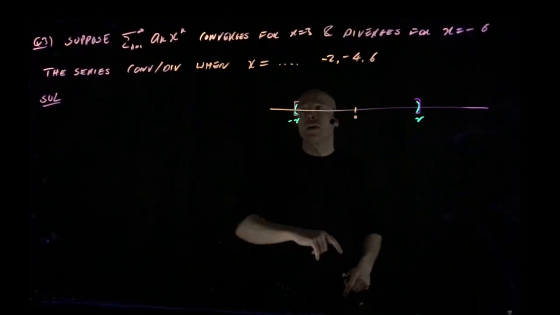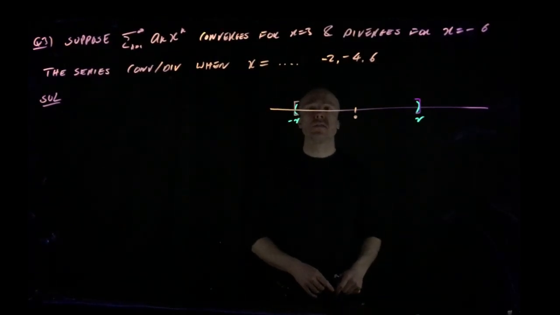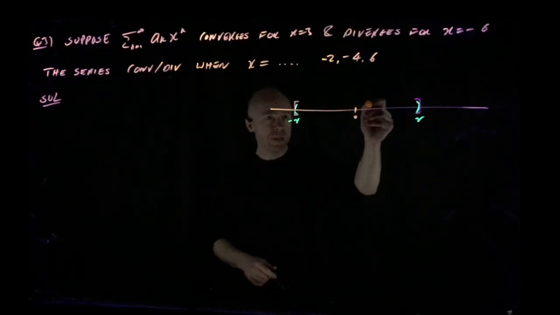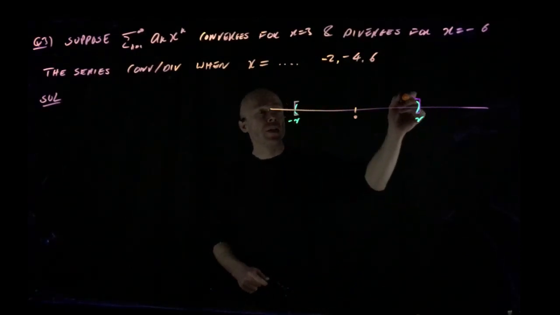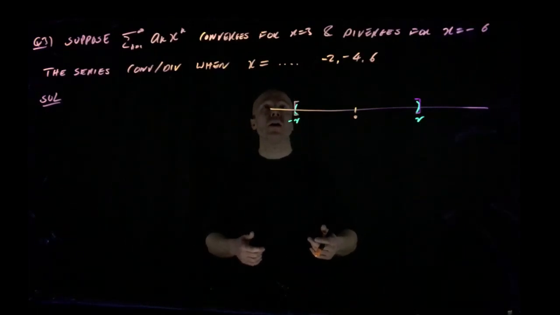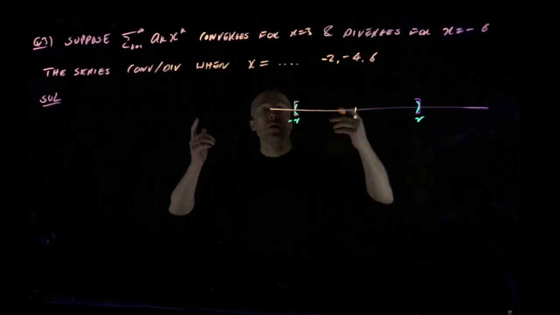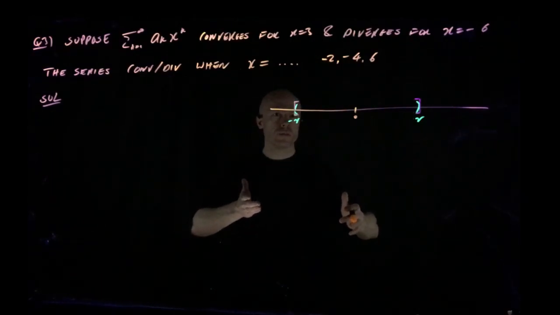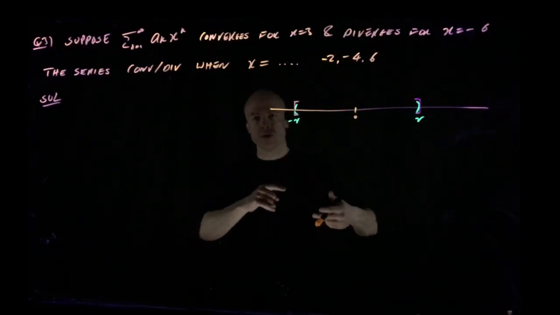And the hypotheses are that it converges when x equals 3, right? So 3 has to be inside here. 3 could actually be equal to r, but it has to be inside here, yeah? And 6 has to be outside here, which also means that 6 can be equal to r, but is outside whatever interval we have, be it open, half open, or whatever.